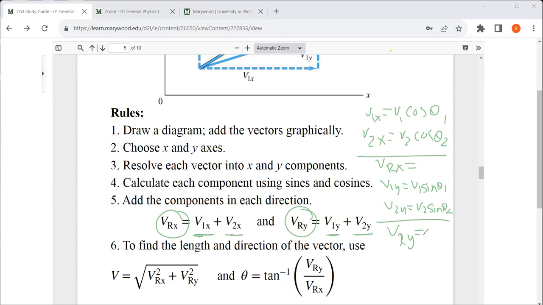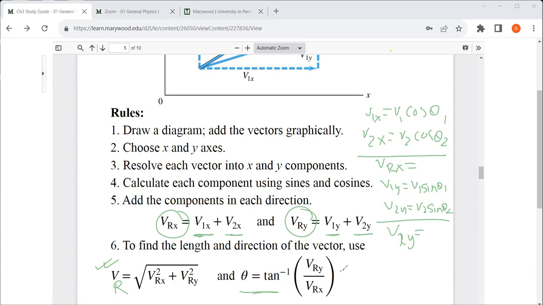Once you have vrx and vry, you use these components to get back the vector. You already know how to do that. You just use the Pythagorean theorem to get the resultant vector v or vr, and theta is from the equation theta equals tan inverse of vry divided by vrx.